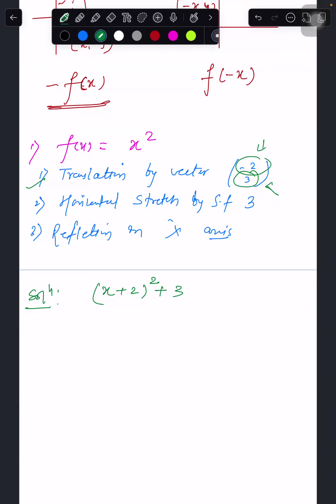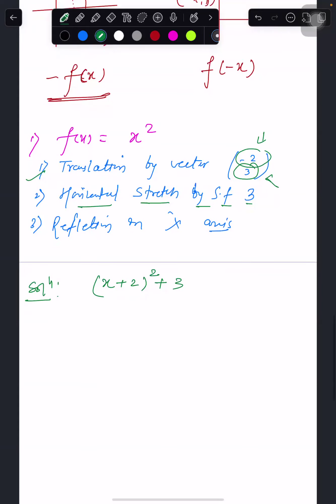Next, they are asking us to do a horizontal stretch by scale factor 3. When I'm saying it's a horizontal stretch, that means the x coordinate will change. In case of writing it, we always write the reciprocal. It is 3, so it will become 1 upon 3. So x will become x upon 3. Is it clear? Then they are saying reflection in x-axis.